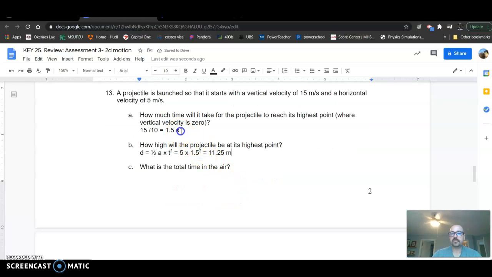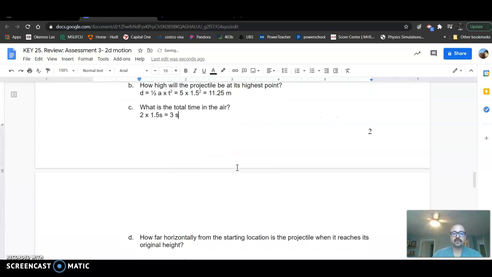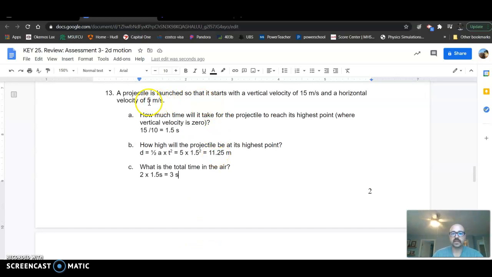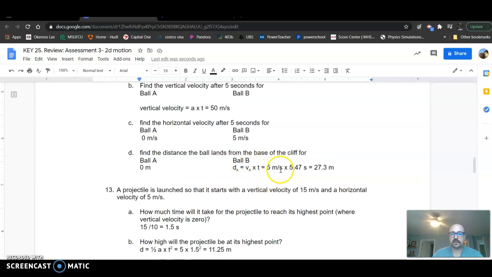Total time in the air: if it took 1.5 seconds to go up, that means it took 2 times that for the total time in the air. So 2 times 1.5 is 3 seconds. And then to figure out how far horizontally from the starting location it is when it reaches its original height, that just means how far did it go horizontally. So I take the total time times the horizontal velocity, just like I did right up here.